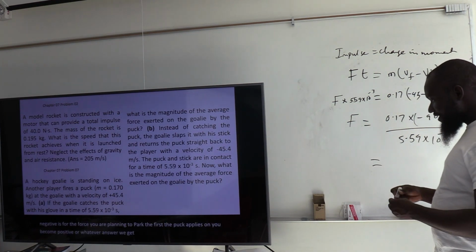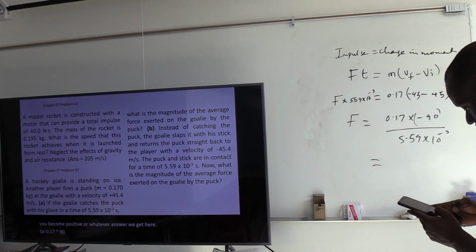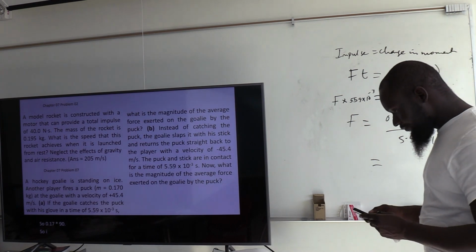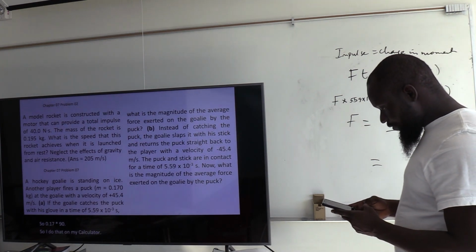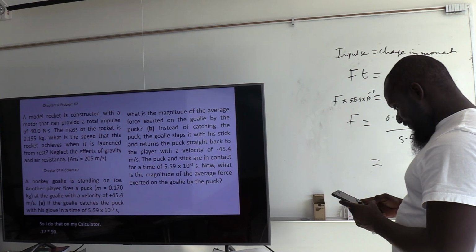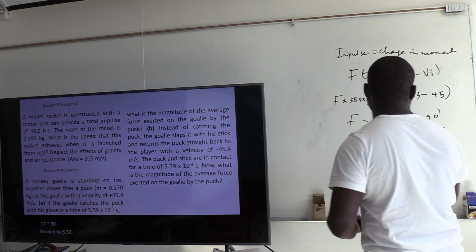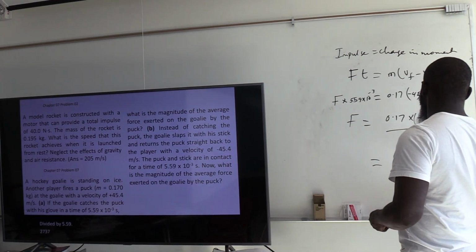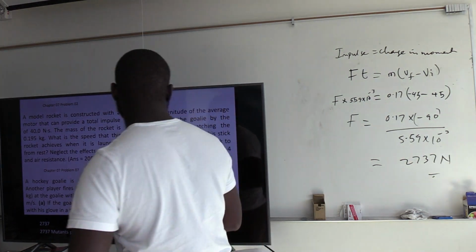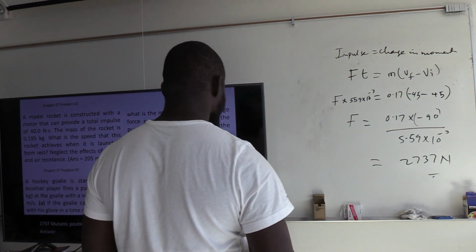So 0.17 times 90 divided by 5.59 times 10 to the power minus 3 on my calculator gives 2737 newtons. Positive, not negative. That becomes the answer we have here.